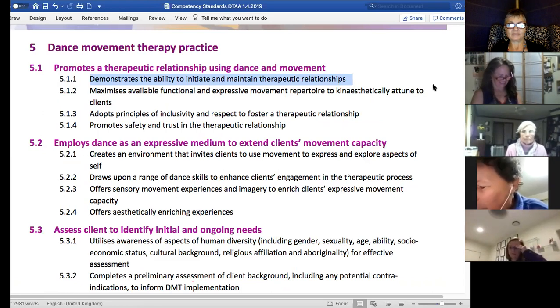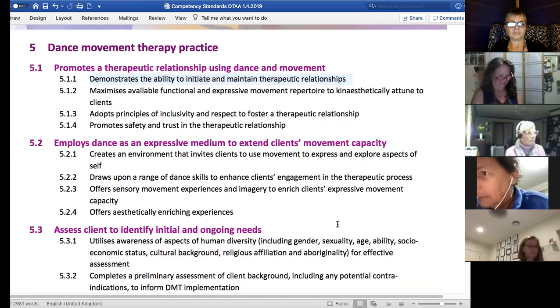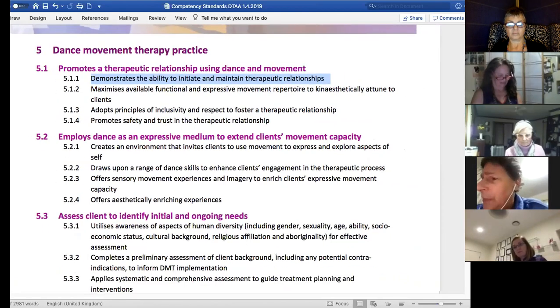Just a question. It's so very clear what you've outlined here, and it seems the bottom line is that dance movement therapists should be able to demonstrate applying theory to interventions.